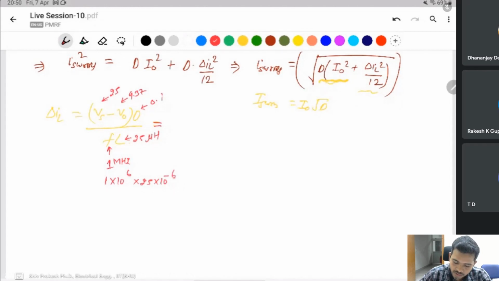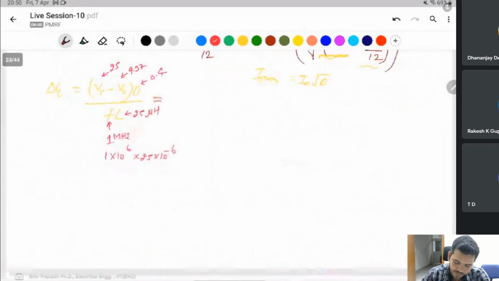This cancels out. The duty ratio is 0.4, so now delta IL is 0.25 ampere.